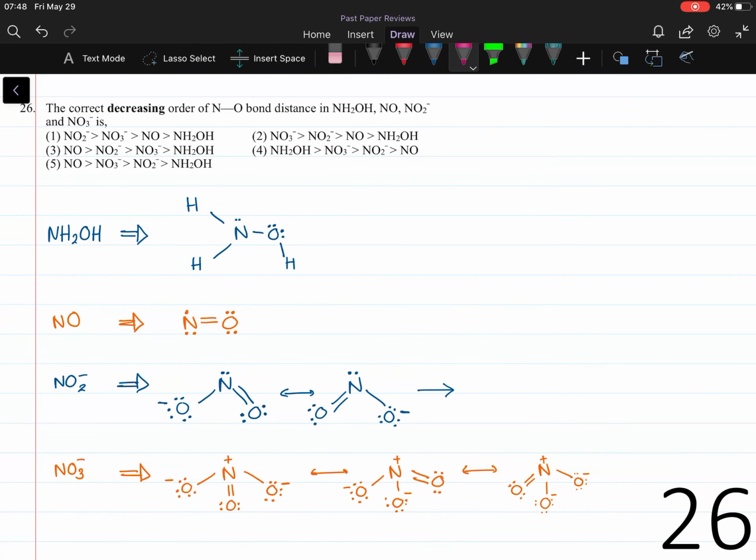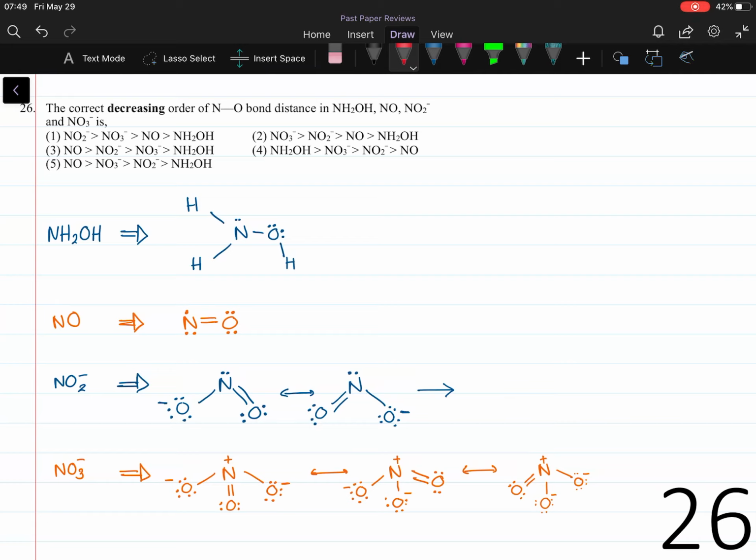Question number 26. The correct decreasing order of the NO bond distance in the hydroxylamine, nitrogen oxide, nitrite, and nitrate is. The NO bond length is determined by the NO bond order. That is basically the distribution of the pi bond of the NO among the rest of the bonds.